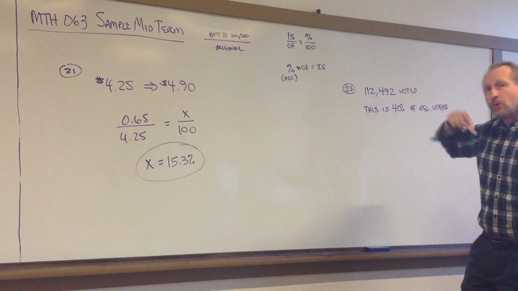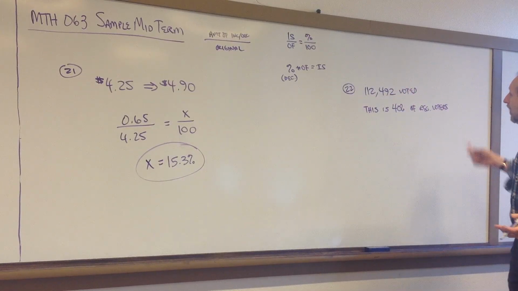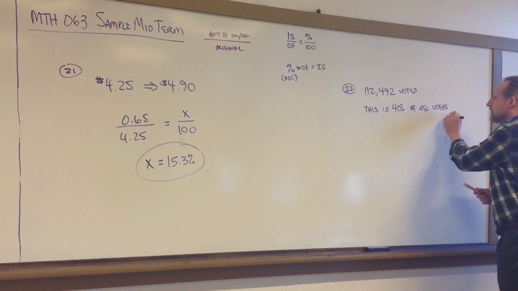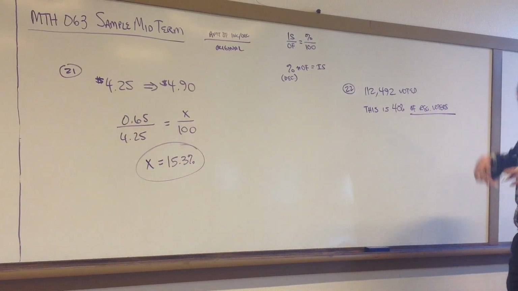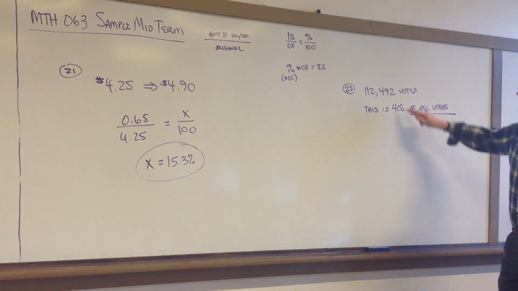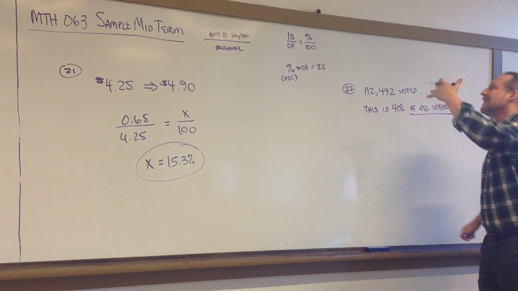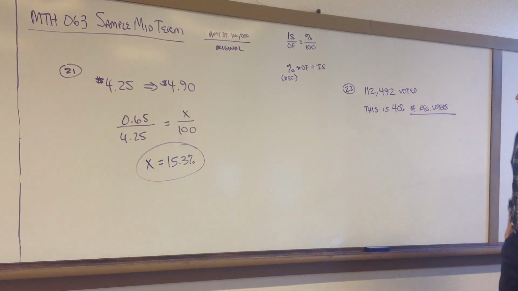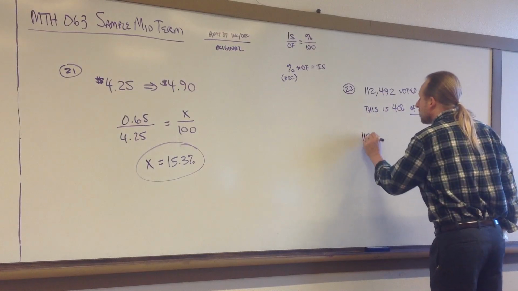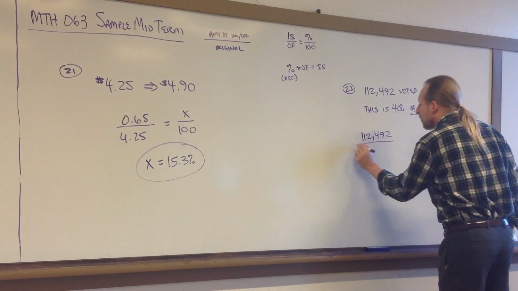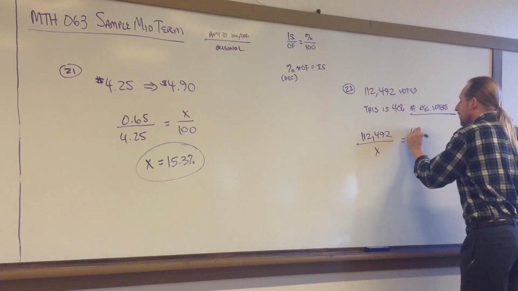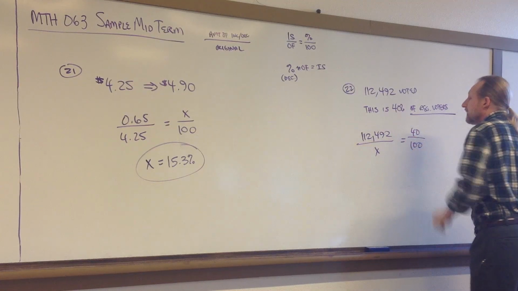Is this the part or is this the whole? Well, all registered voters is the total number of registered voters. That's the whole. The number of people who voted is part of that group. So this is the part. We're looking for the whole, and the percentage we've got is 40%.